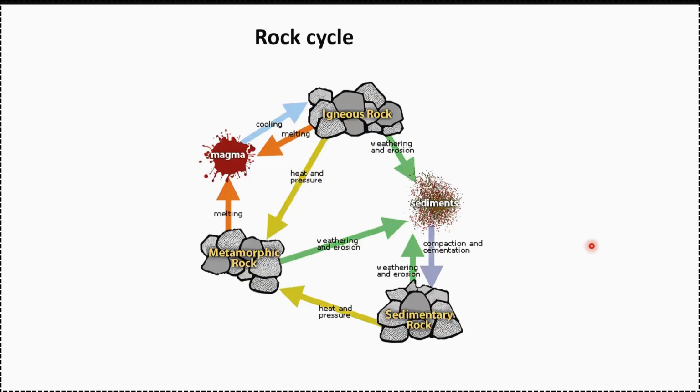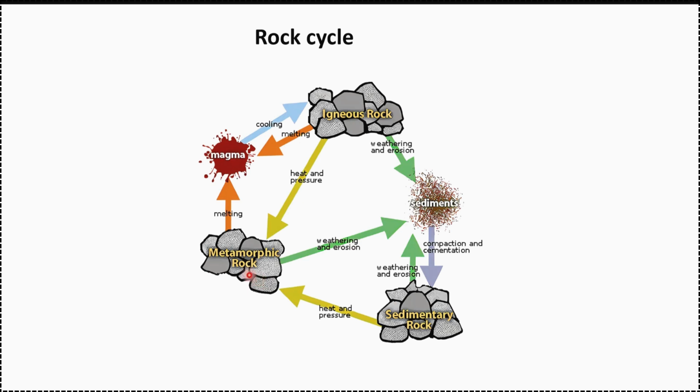And finally, coming to the rock cycle, which is a continuous process that describes the transformation of rocks from igneous to sedimentary to metamorphic rocks. Through various geological processes over time, igneous rocks can be broken down into sediments that form sedimentary rocks, and sedimentary rocks can be subjected to heat and pressure to form metamorphic rocks.